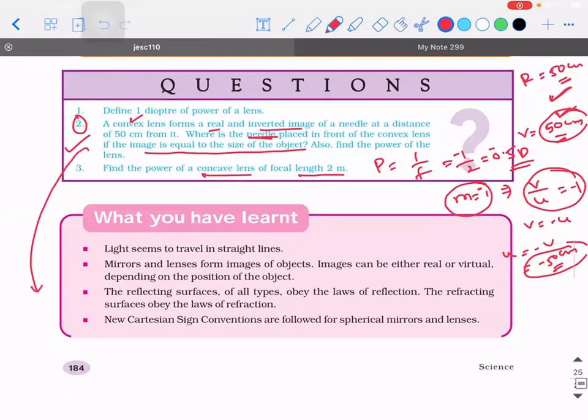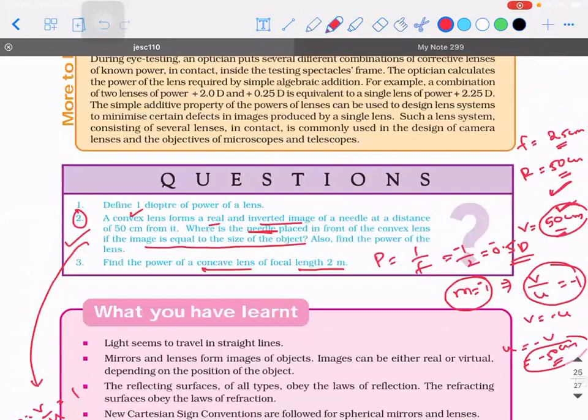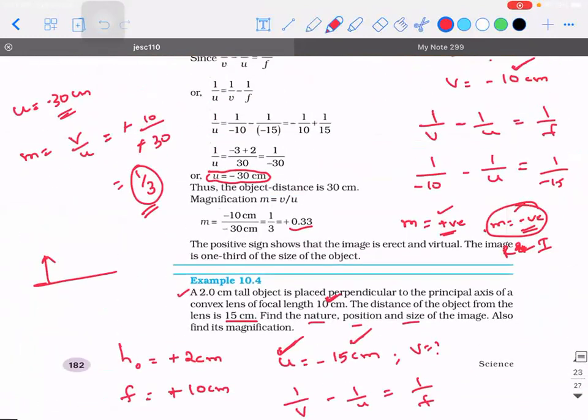Listen to this carefully. Magnification is V by U, absolutely accepted. But I told you another important point. If it is a real and inverted image, they have told you magnification is 1. But for a real and inverted image, what will be the sign of the magnification? Did you note that point? Magnification is negative for a real and inverted image.